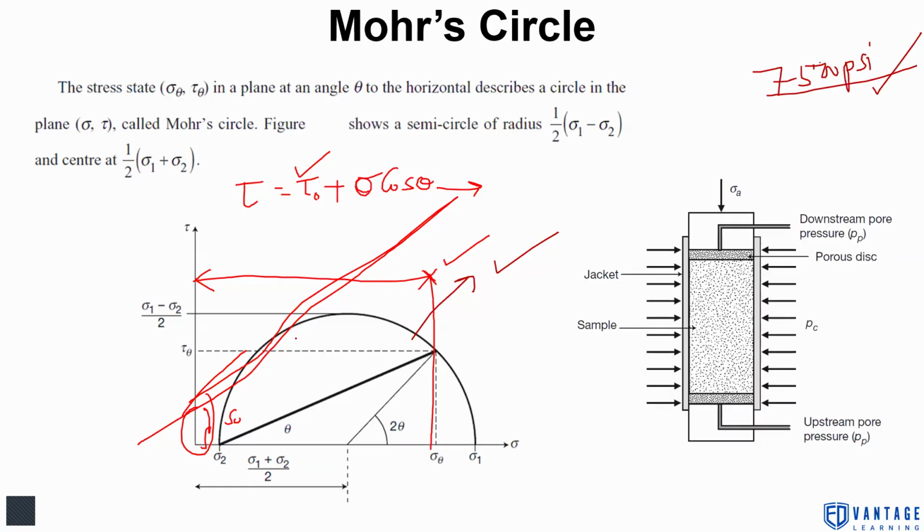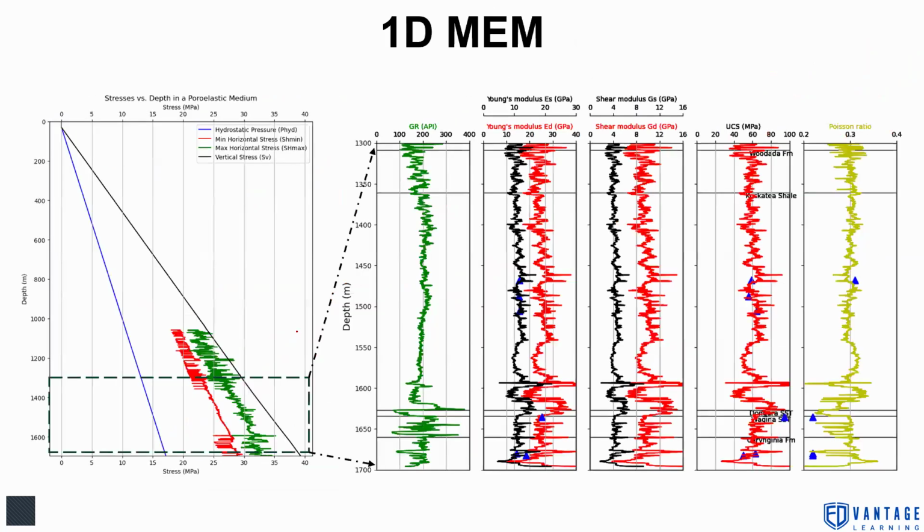If we don't know the actual frac gradient, the fracture gradient of the formation, the formation will fail. And what happens? The CO2 will leak off. So for a safe and contained storage, we need to understand the current stress state of the subsurface formation that we're targeting, and also the long-term storage efficiency. That's quite important. So in this regard, we will generate a 1D mechanical earth model.